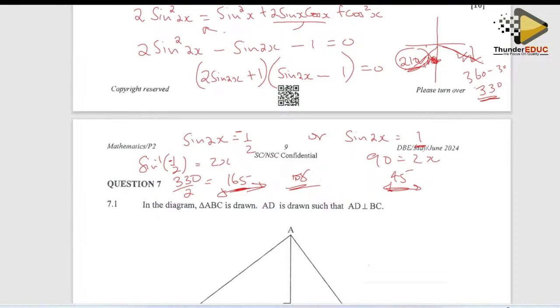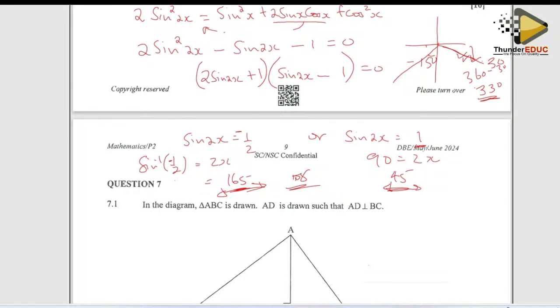Because if this is a 30, we expect the next one to be negative 150. Okay, so negative 150 divided by 2, that's how we get the 75. So we have just two answers, but two solutions.